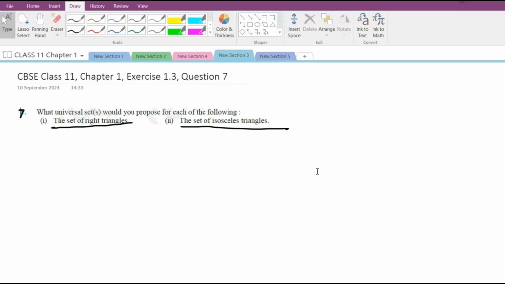Now, if we consider this set, X is a triangle. These two are specific types of triangles, and this set is simply x such that x is a triangle. It could be of any type.